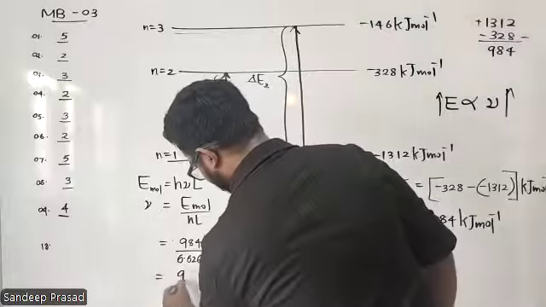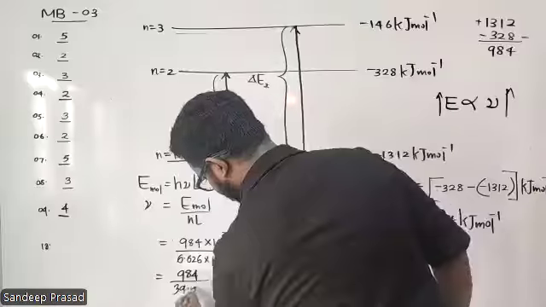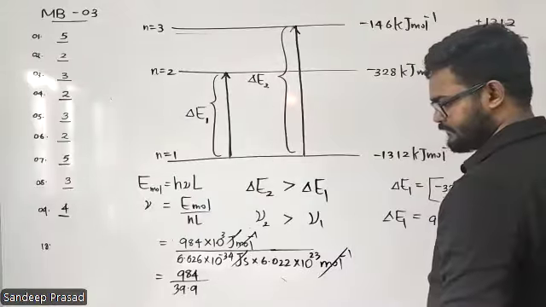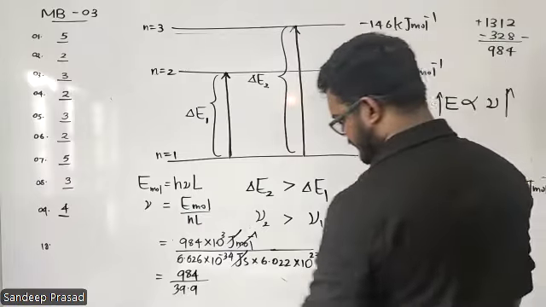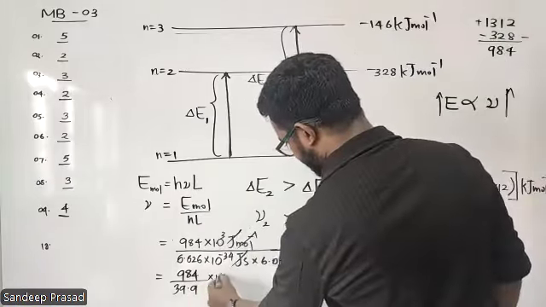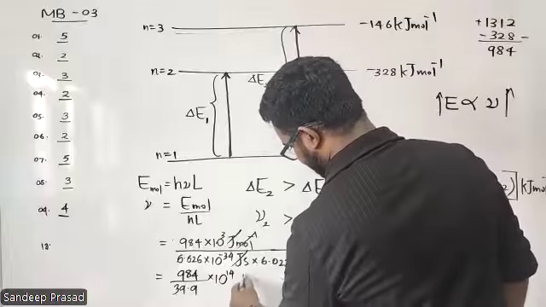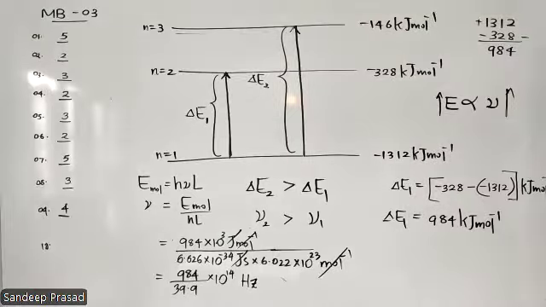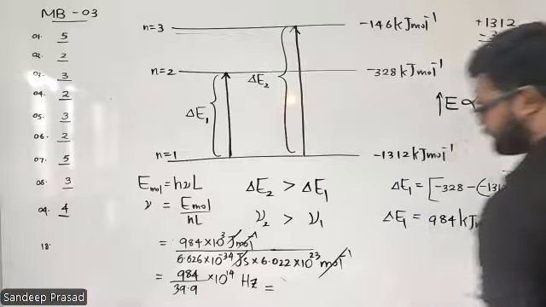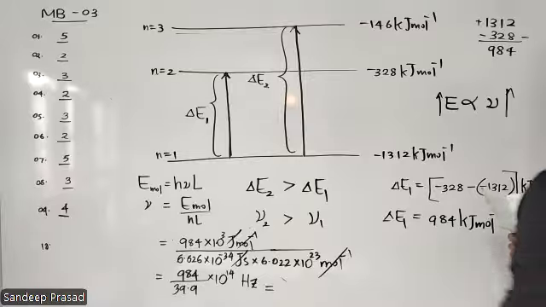Then here 984 divided by 39.9, 10 to the power minus 11 and here 10 to the power 3, 14 per second. That means hertz. Now do the simplification. Take the log table and do the calculation. Since they have given decimals, I'll do that using the log.